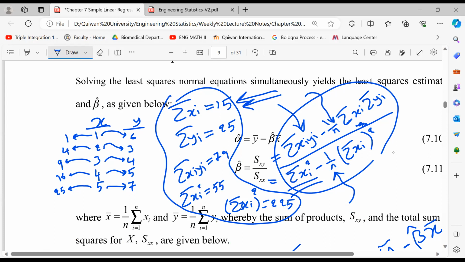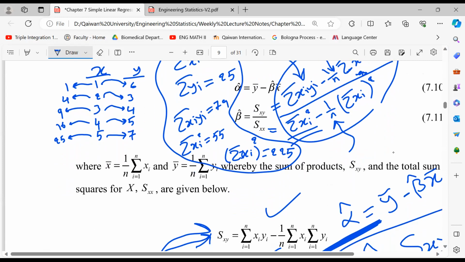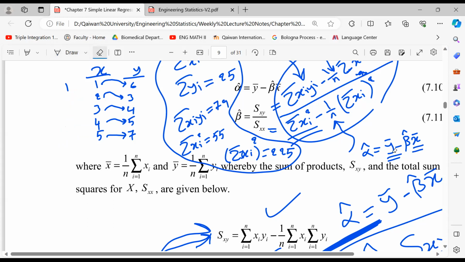Then for finding alpha hat, as we said, alpha hat is y bar minus beta hat x bar. We need to find y bar and x bar. From the data of x and y, we can get them.